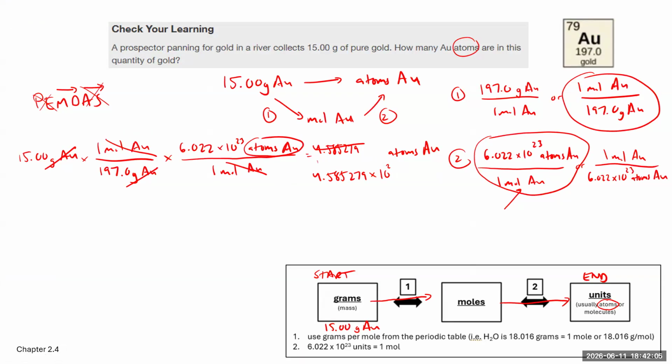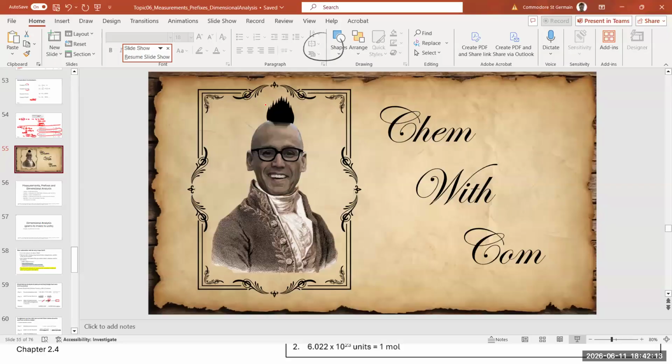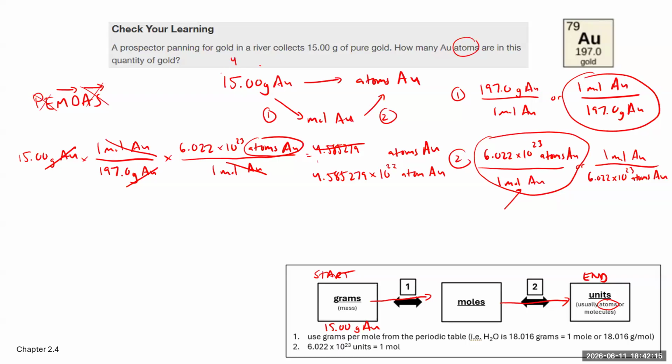I would have made a mistake there. Atoms of gold. We started off with 4 sig figs, so we're going to cut it off at 4: 1, 2, 3, 4. It becomes 4.585 times 10 to the 22nd atoms of gold.